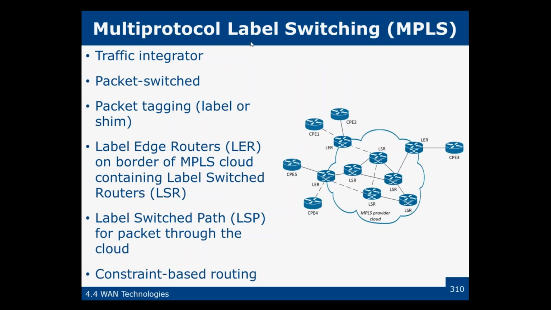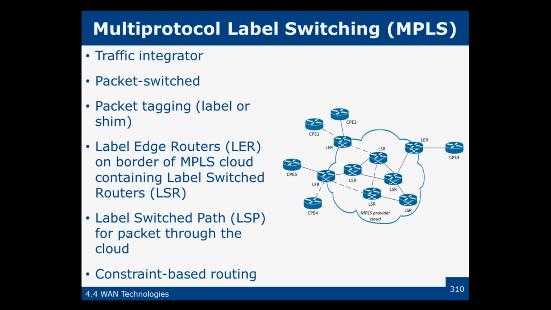Multi-protocol label switching, it says it's a traffic integrator. It's a packet switch network, uses packet tagging, and we have routers here. We have CPE, we have edge routers, and then here we have the label routers. What happens is when data gets here, a label gets put on it, and once the label gets put on it, the path is selected and when it gets to go, because it uses quality of service also.